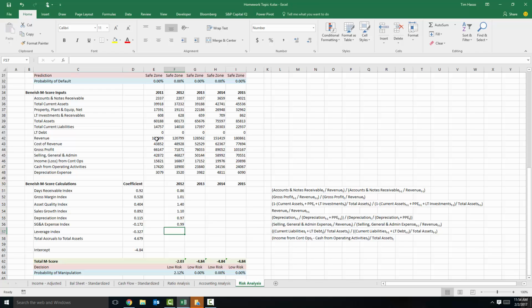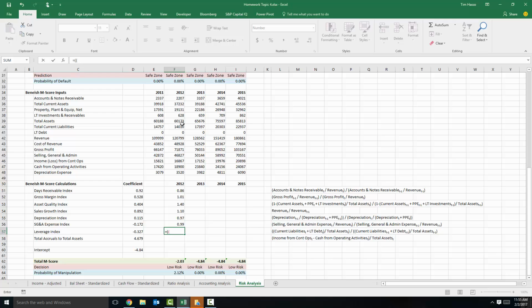We then have the leverage index, which again has a few different brackets here. So we can see it's current liabilities plus long-term debt divided by total assets for this year and comparing it to that exact same ratio but for last year. So again, we open up the equal sign, then open up two brackets, take current liabilities plus long-term debt for this year.